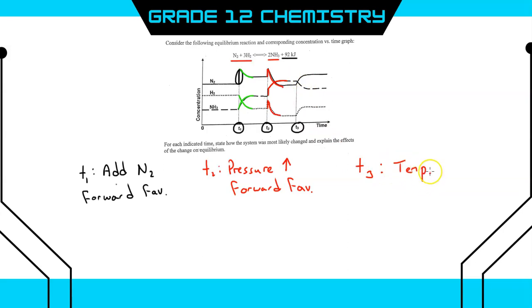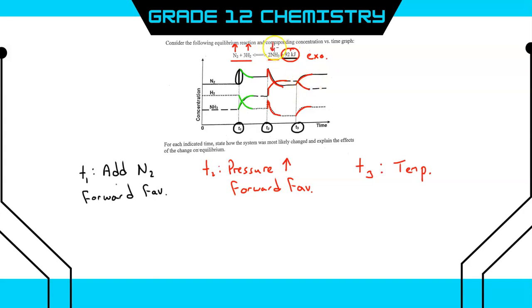But did temperature increase or decrease? Well, this is an exothermic reaction. And if we look, here's nitrogen. Nitrogen increased. And hydrogen, we follow hydrogen, also increased. But ammonia decreased.